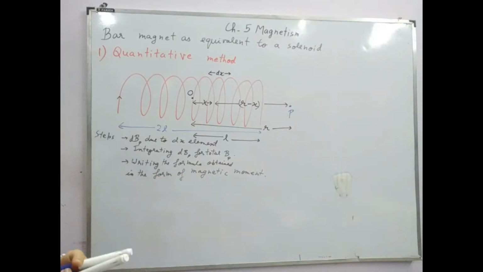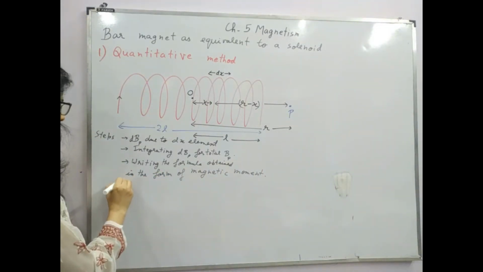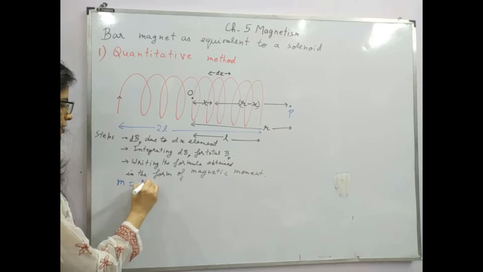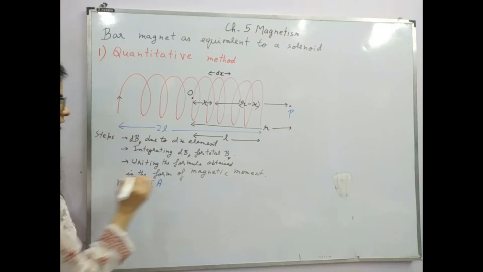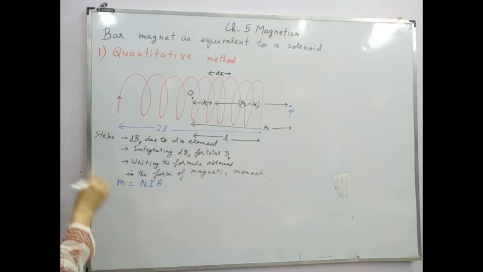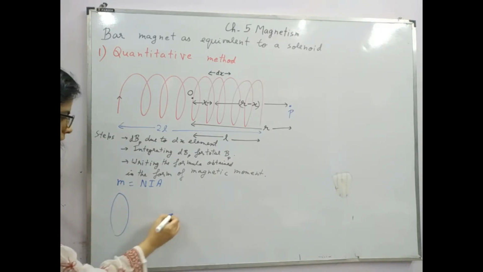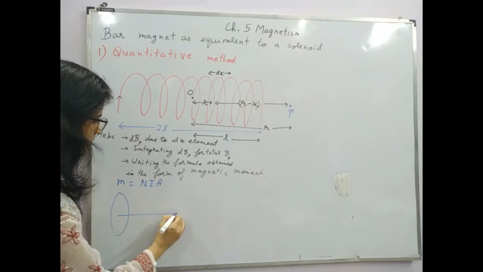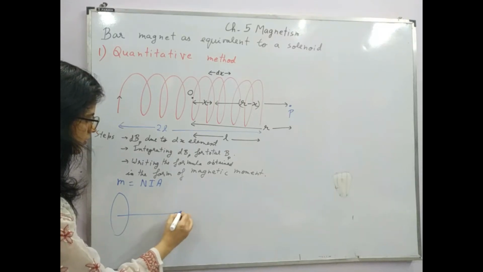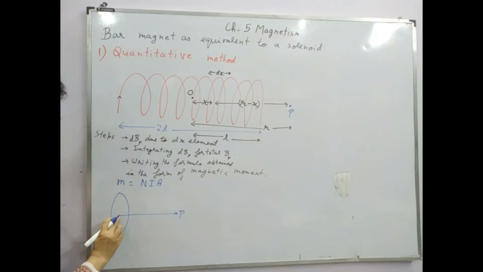What is the formula for magnetic moment? We know that the formula for magnetic moment is number of turns into current into area of cross section. And also one more formula we'll use here, that if this is the coil, we have this point P at a point on its axis. So this is an axis. This is the center of the coil.